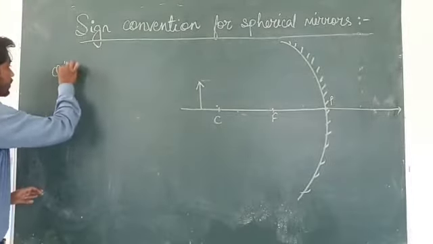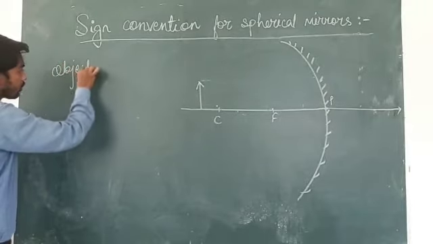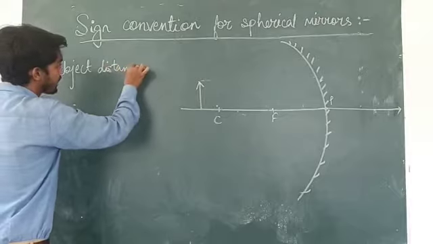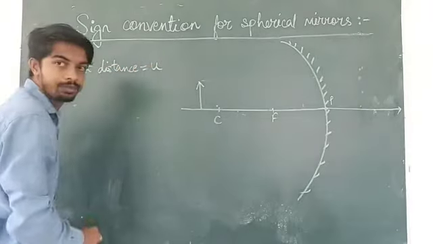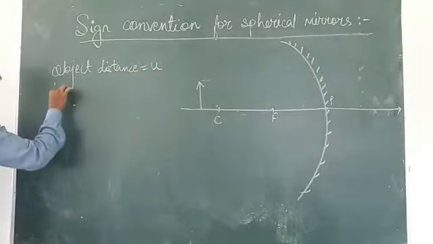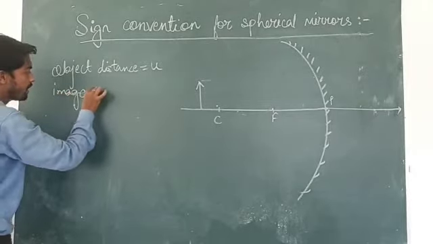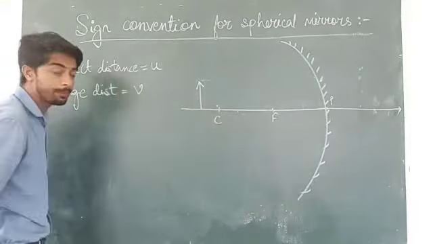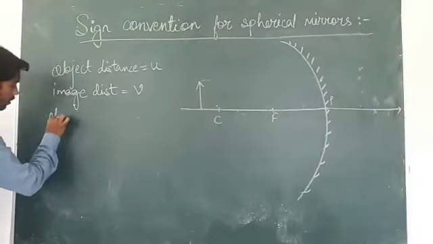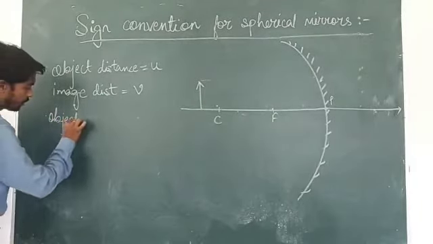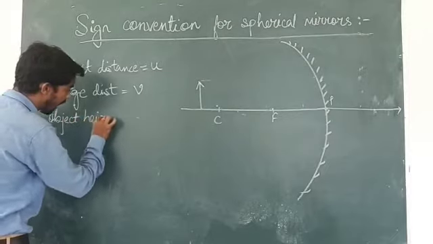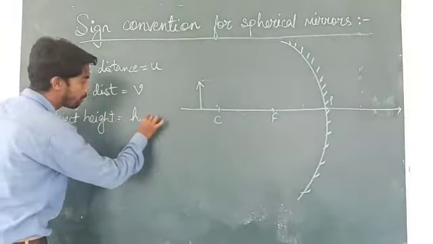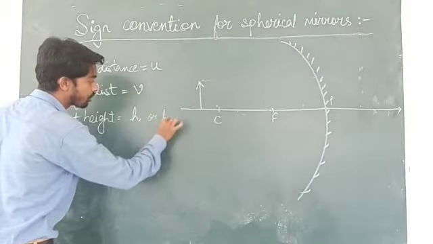Object distance is termed as u. Image distance is termed as small v. Object height is termed as h, or someone can use h1.